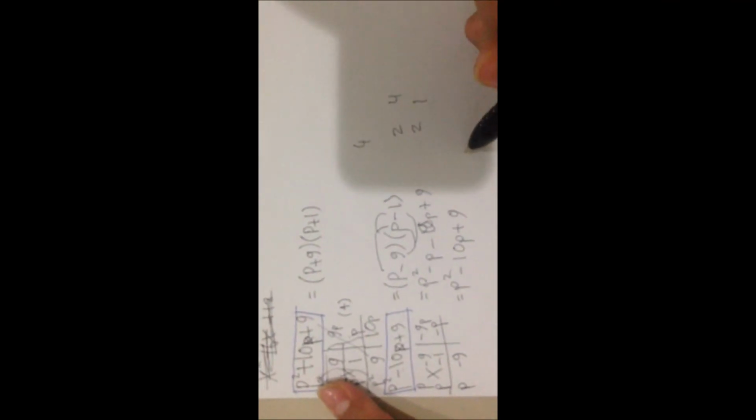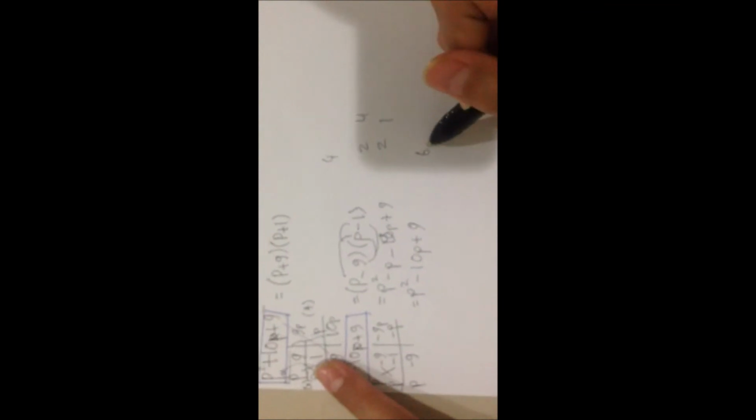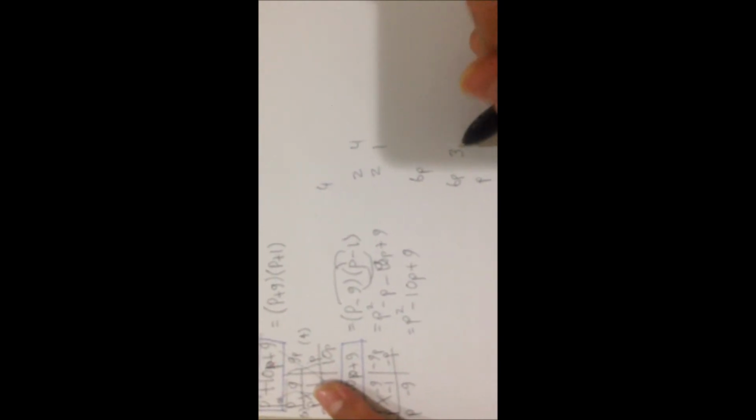So for example, if the first term is not equal to 1, for example you have 6p, then in the cross method you can either write 6p and p as the factors, or you can write 3p and 2p.